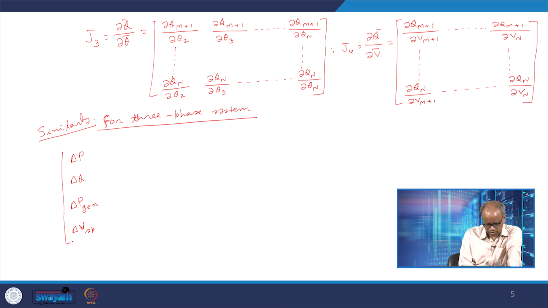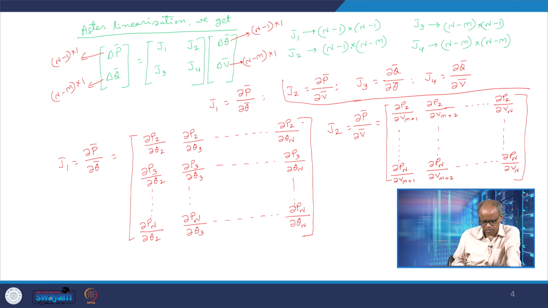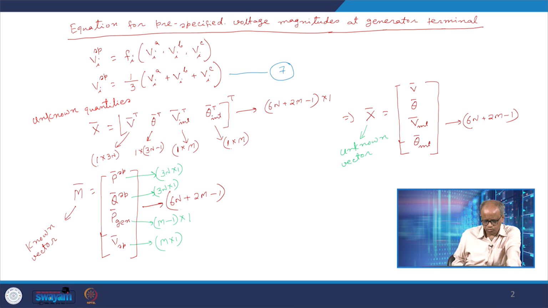So this is nothing but the del M vector, and there would be some Jacobian matrix, and here also we have the unknown quantities, and the unknown quantities in our case are say del theta, del V, del theta int, del V int, right.